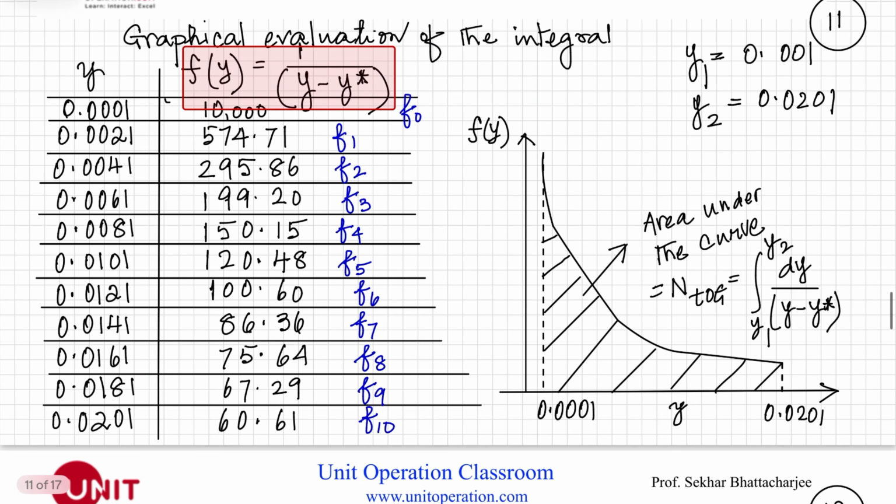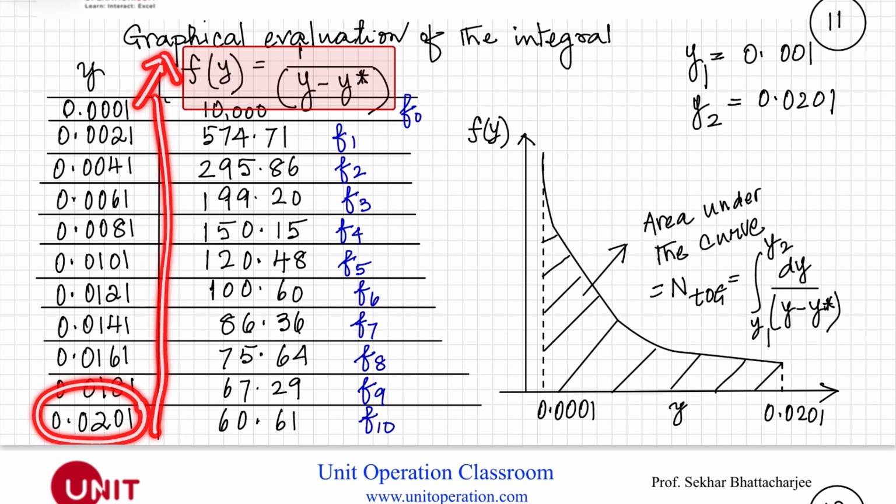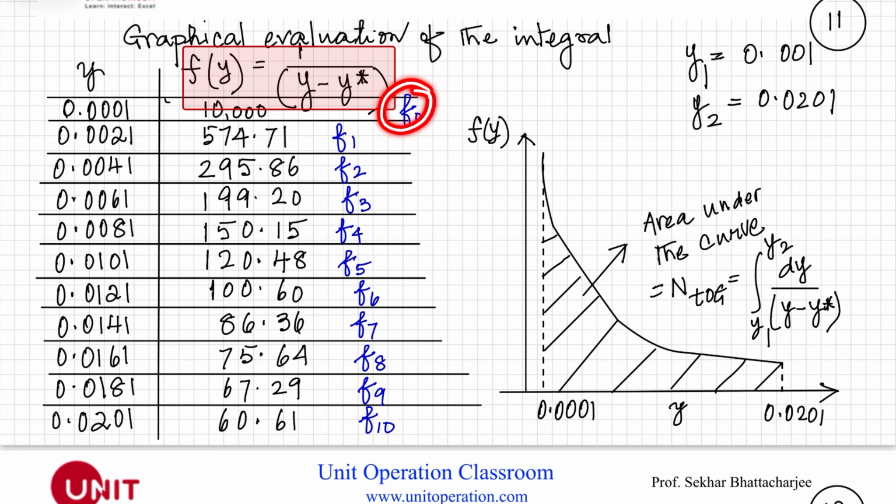We have calculated these values of 1 over y minus y star for different values of y from 0.001. Remember, that is from the top of the column, and this is the bottom of the column. We have taken 11 points, so that gives me 10 intervals. We denote the first one as f0. Remember, this is never f1, it is f0.